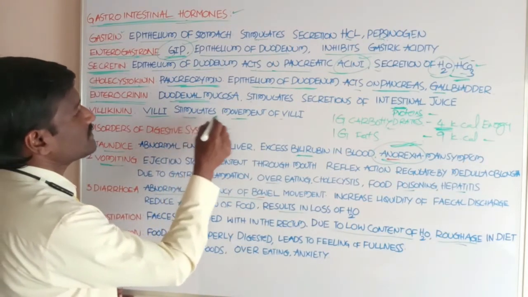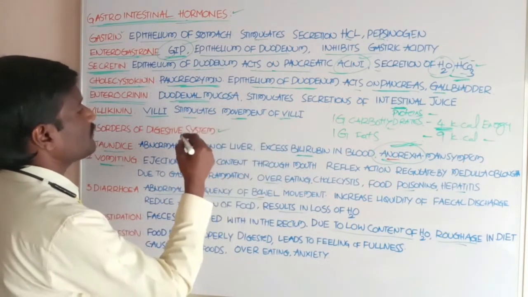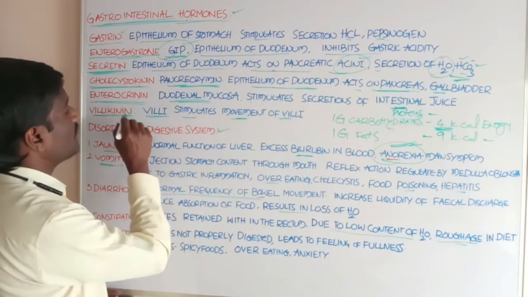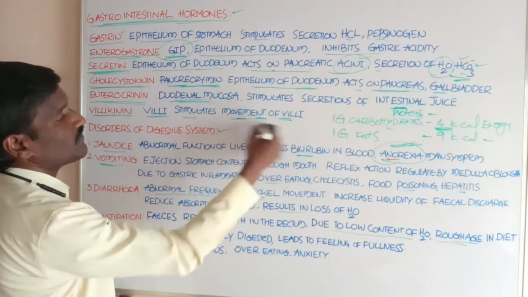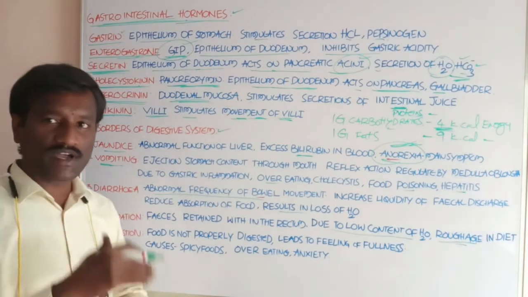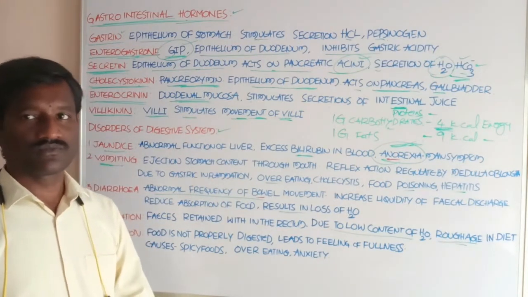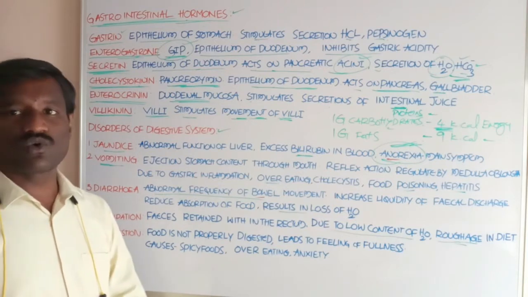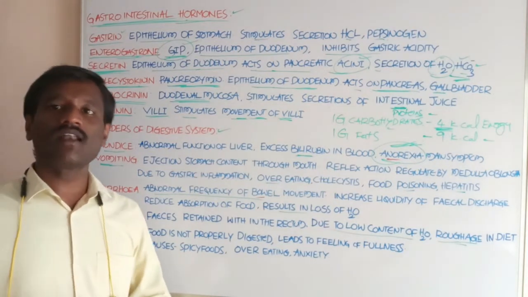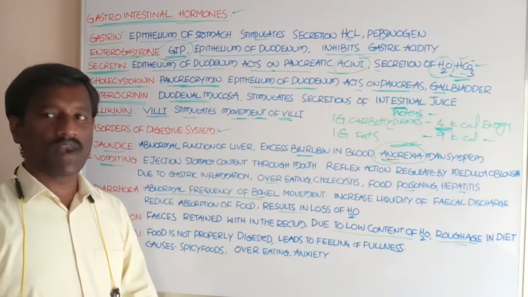Villikinin stimulates the movement of the villi to increase the absorption of digested food into the mucosal epithelium, and then it enters the blood.